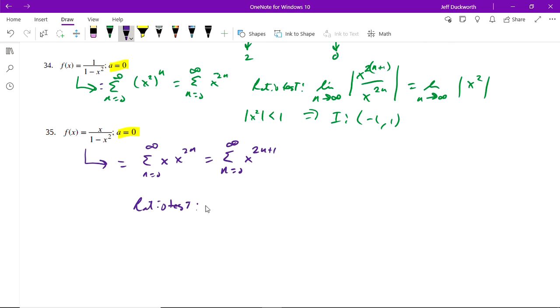Limit, and here we have x to the 2(n plus 1) plus 1, over x to the 2n plus 1.